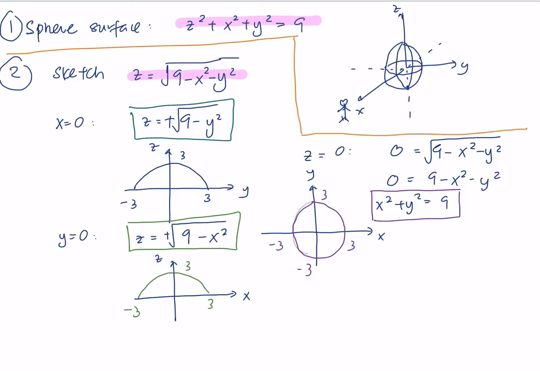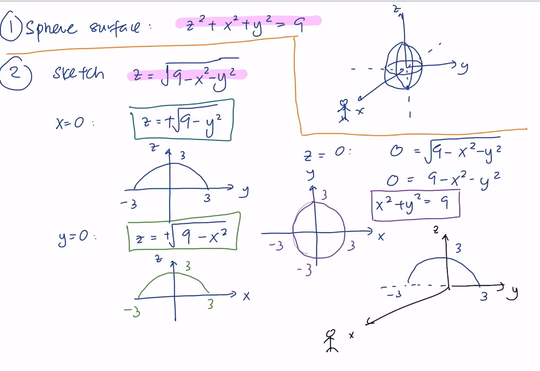Now let's merge all of this and we will have the graph here, with y, z, and x. If we are at the x here, we will see the front wall, which is the y and z plane. Basically we can see it is half, with 3 and minus 3 here.